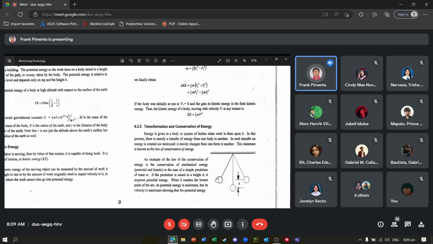If we assign this as point A, the potential energy at point A plus kinetic energy at point A equals the energy here, also equal to the energy at this point. That is the energy equation for transformation and conservation of energy.